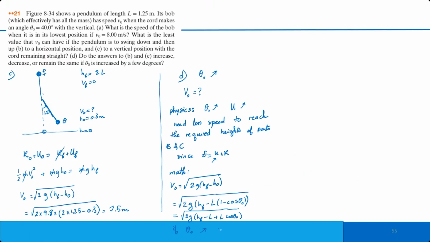So if theta 0 increases, H0 increases, and then I will need less V0 to attain the same final height. Math-wise, it's a bit tricky to see, but what I'm looking for is this final height. I will need less speed to reach the same final height if I increase theta 0. Does this make sense?